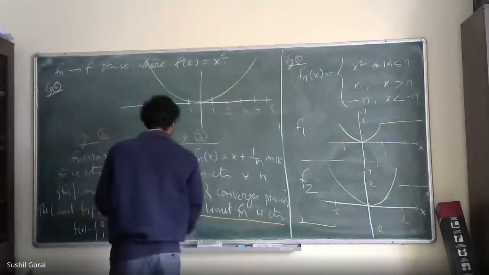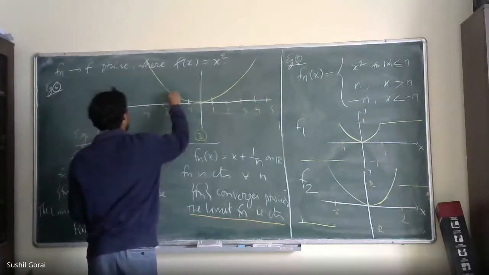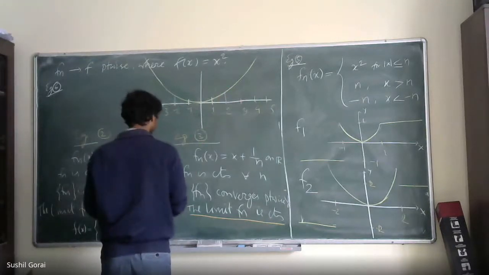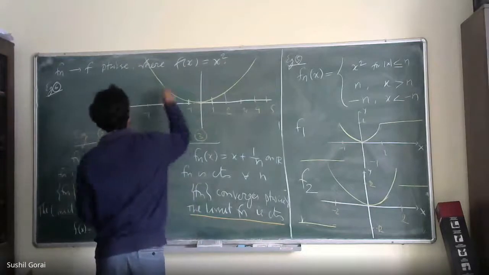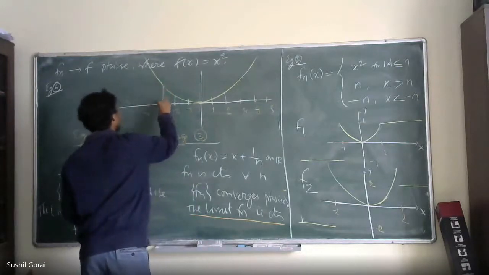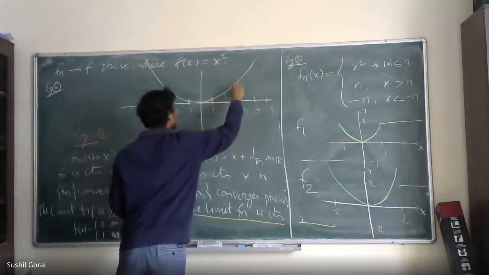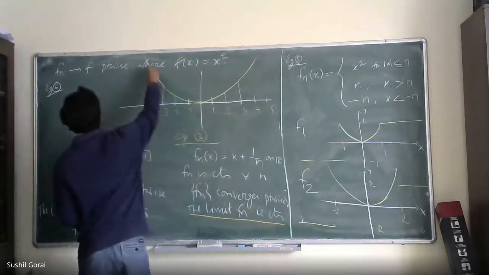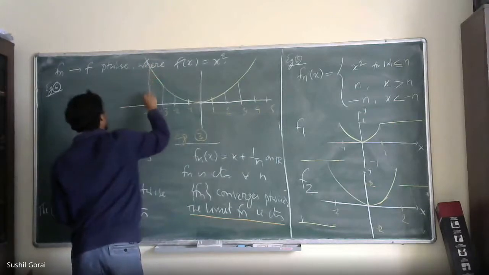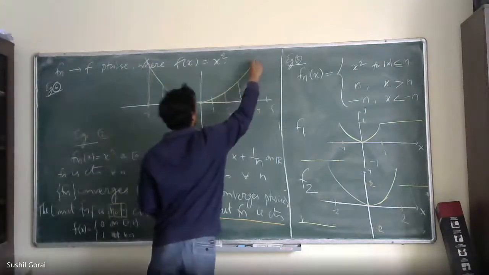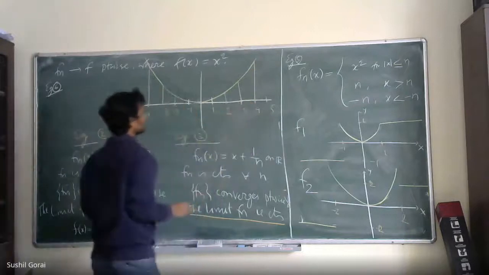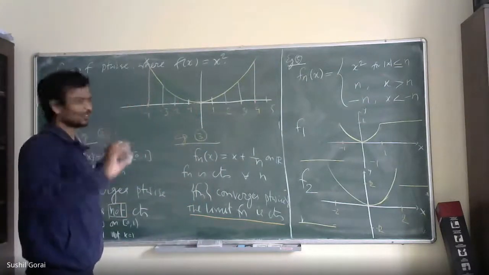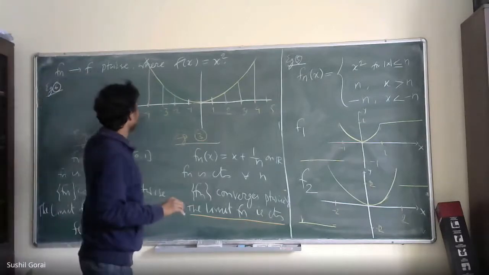At the second stage, we are cutting at minus 2 to 2. At the third stage, you are cutting minus 3 to 3, and so on. We are cutting there. And outside there is whatever this number, it's defined.